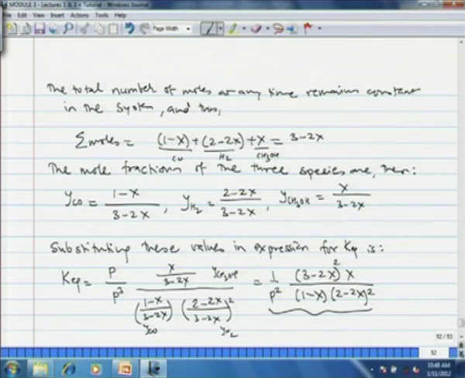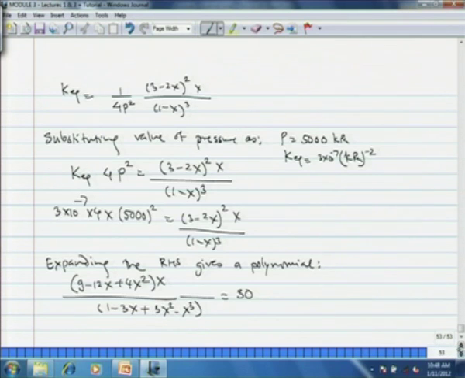And now we substitute various values here. We have been given the total pressure as 5000 kilopascal, 5 megapascal, K equilibrium as 3 into 10 to power minus 7 kilopascal raised to minus 2. After substituting everything and simplifying, we actually get a polynomial after expansion. So, that polynomial I will give you.